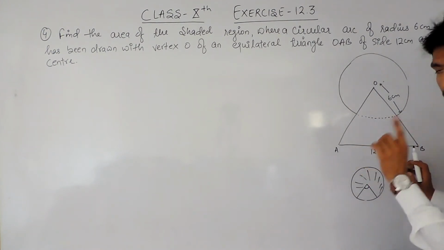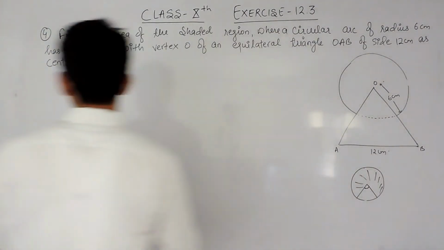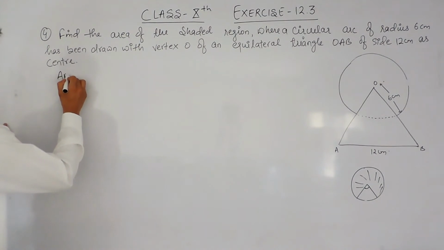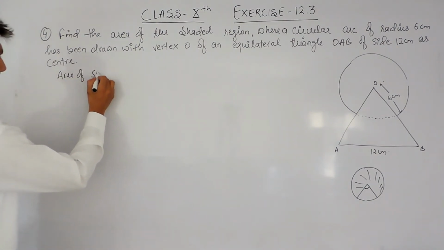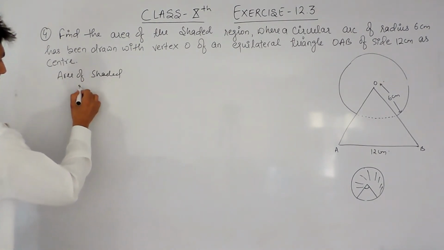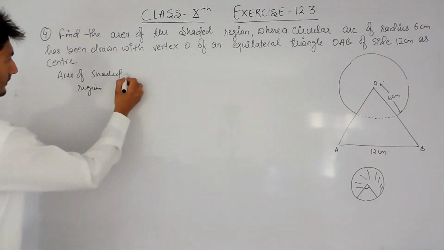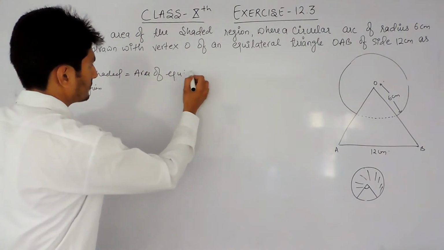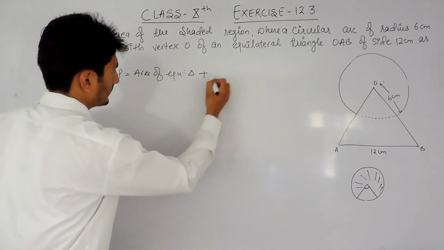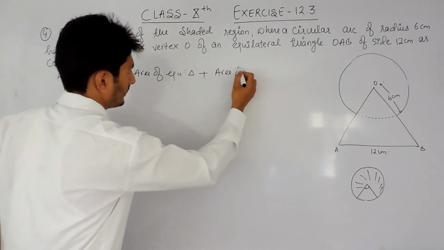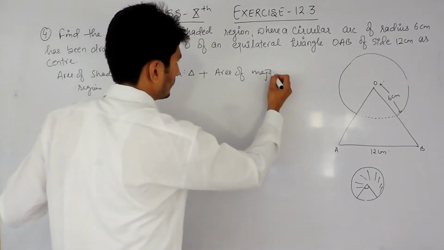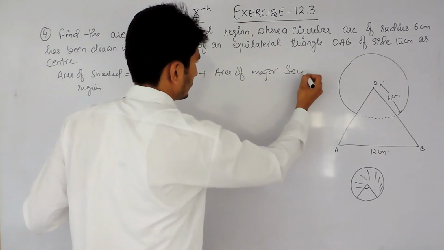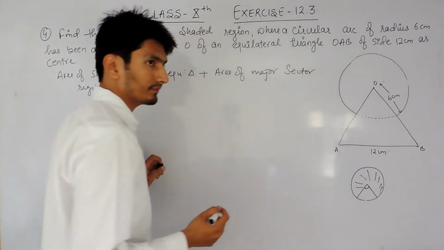This is important. Area of shaded region will be equal to area of equilateral triangle plus area of major sector.